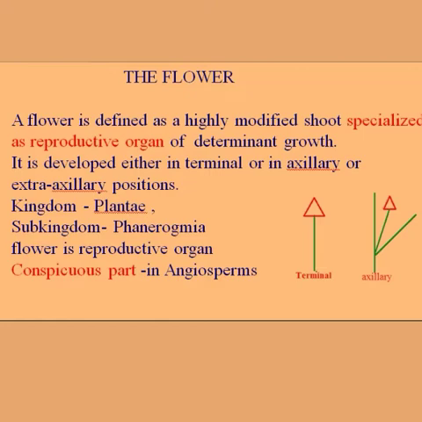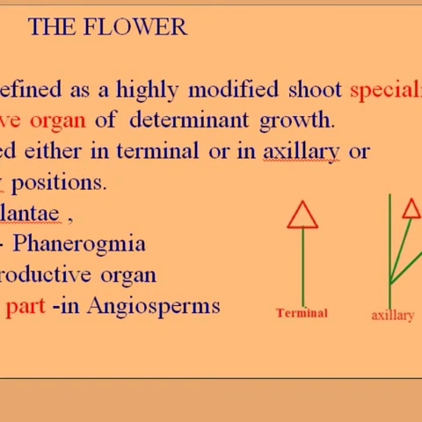So it is defined as a highly modified shoot specialized as the reproductive organ of determinate growth. It is developed either in the terminal or in the axillary. Look at the figure, either terminal or in the axil of the branches. So it may be axillary or it may be terminal.